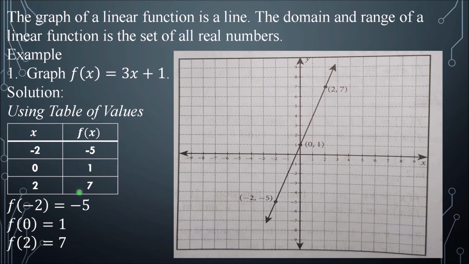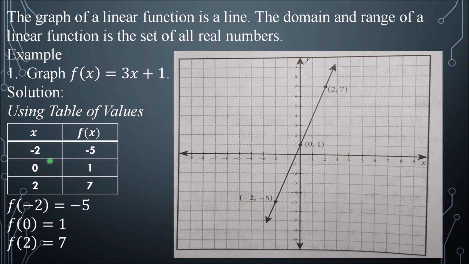Now we have the values of f(x): negative 5, 1, 7. Again, this is the range, and as you can see, the range is the set of real numbers. So negative 5, 1, 7 are all real numbers.